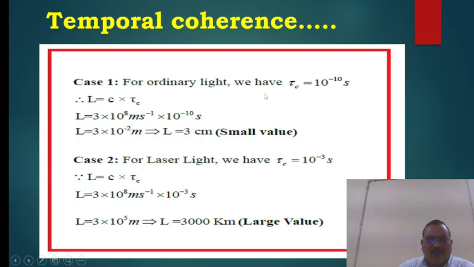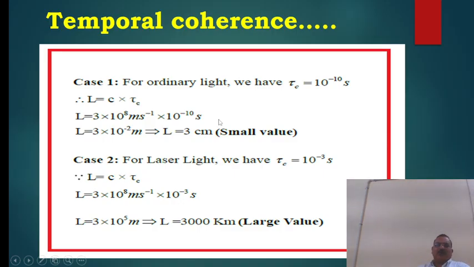Okay, for ordinary light we have tau c equal to 10^-10 seconds. So the coherent length we can calculate as c times tau c. This is a simple formula: distance equals velocity into time. So L equals 3 into 10^8 times 10^-10, which is 3 into 10^-2 meter, that is 3 centimeter, a small value.